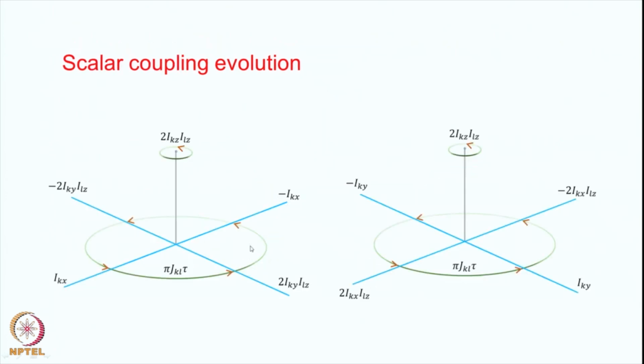So, scalar coupling evolution, once again the same thing is repeated for the benefit of consolidation. The Hamiltonian is 2 IkzILz, we put it along the z axis.